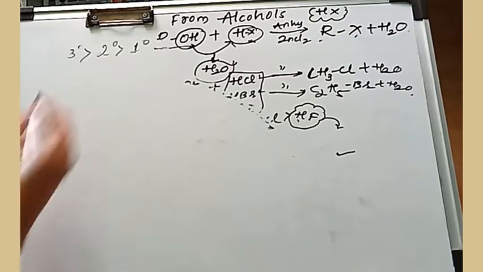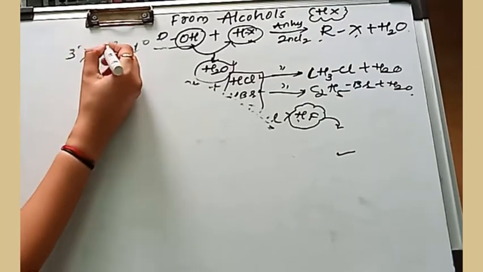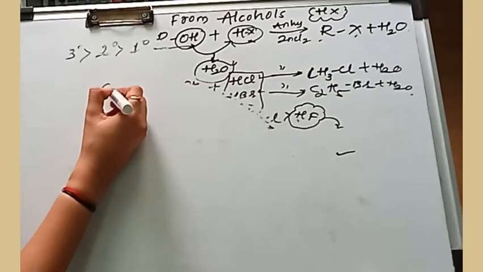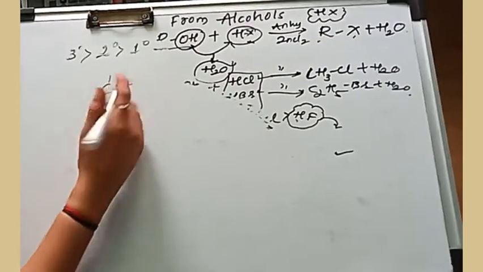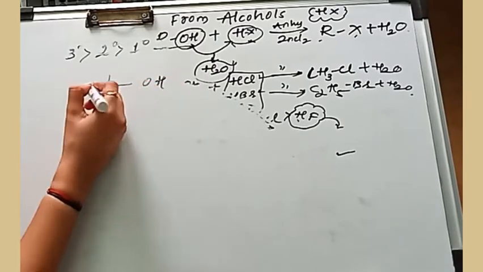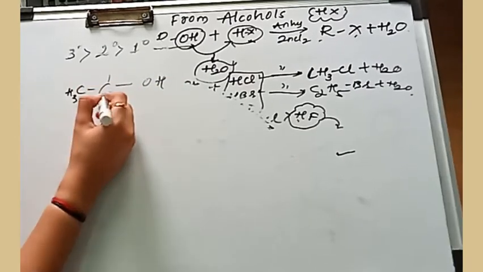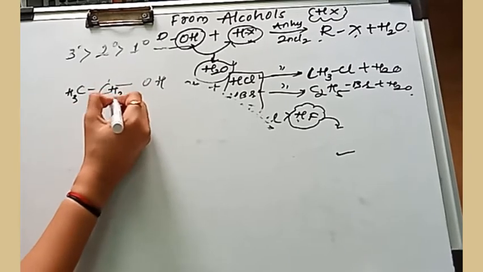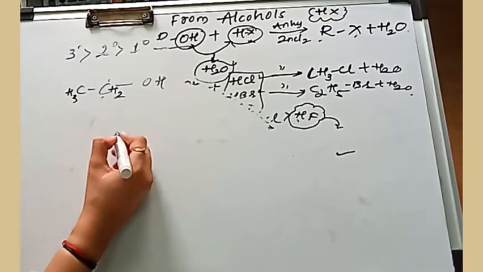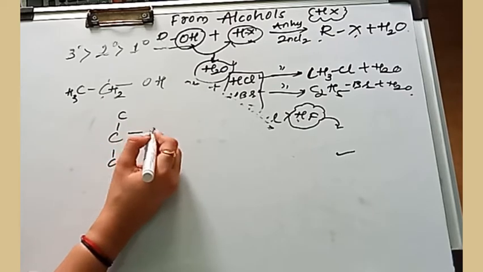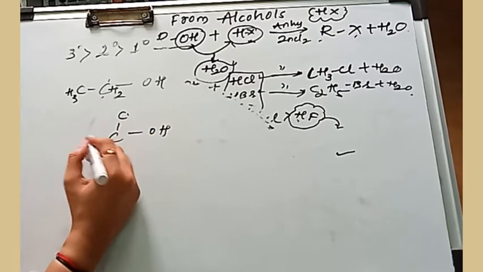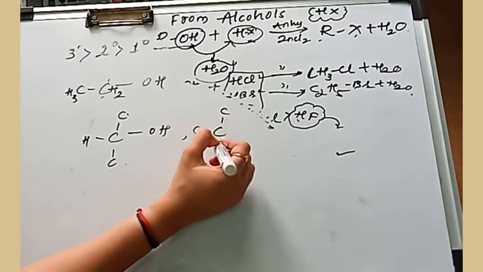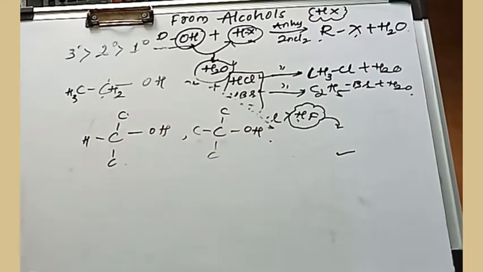We will write the molecules first. Primary alcohol is that alcohol where the carbon bearing OH is attached to one other carbon. Secondary alcohol is attached to two other carbon atoms. Tertiary is attached to three other carbon atoms.